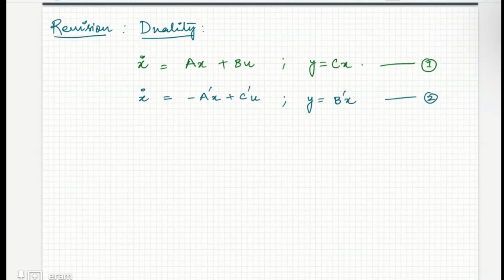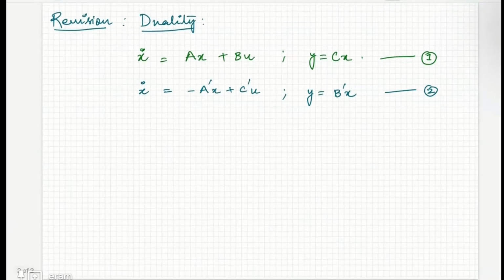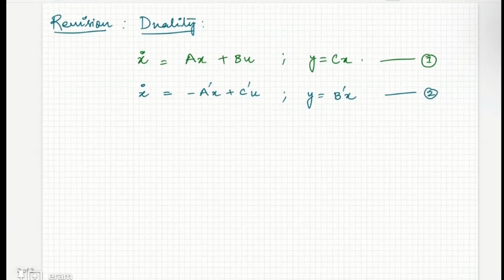Then what does duality say? The duality theorem says that we suppose system 1 is observable.